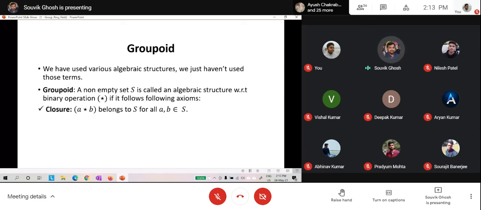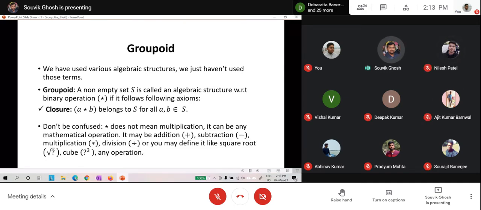Is it clear? The definition of groupoid is clear. Yes, sir. Remember one thing, that whenever we are giving you the star, this star does not stand only for multiplication.